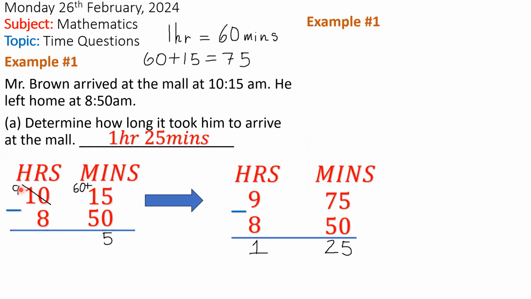So it becomes 9, right? Because we can't do 1 minus 5. 1 minus 5 would give you a negative number, so we can't do that. So what we need to do is borrow an hour, right? You understand that, Jeremy? Can you hear me, Jeremy? I am not hearing from Jeremy, so when he comes back, we'll explain it for him.